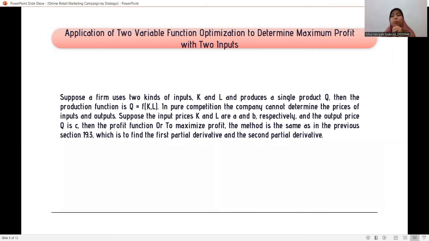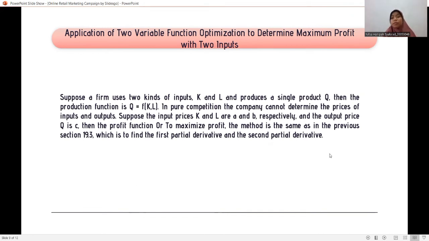Suppose the input prices of K and L are a and b, respectively, and the output price of Q is c. Then the profit function is to be maximized. The method is the same as the previous section, which is to find the first partial derivative and the second partial derivative.